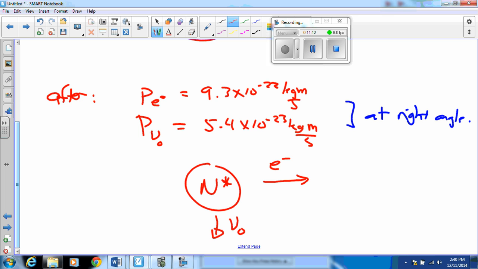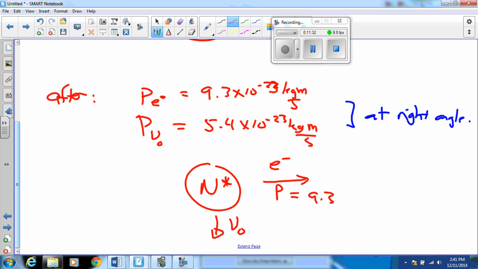The V with the curvy side is a Greek nu. Actually, there are several different symbols for neutrinos. This is one of them. And this one right here is going to have a momentum of 9.3 times 10 to the minus 23rd.